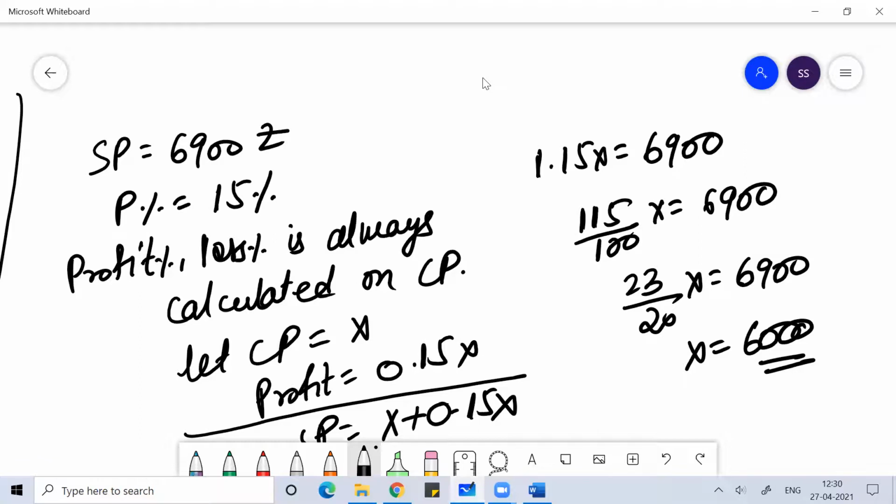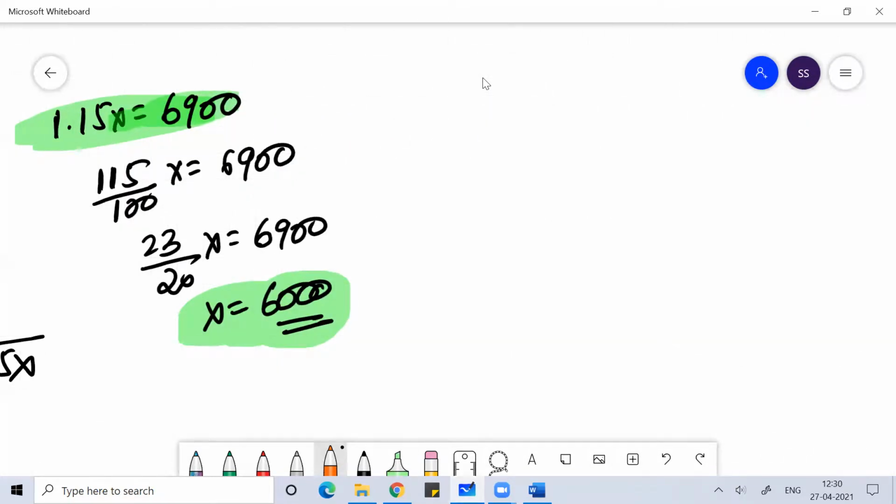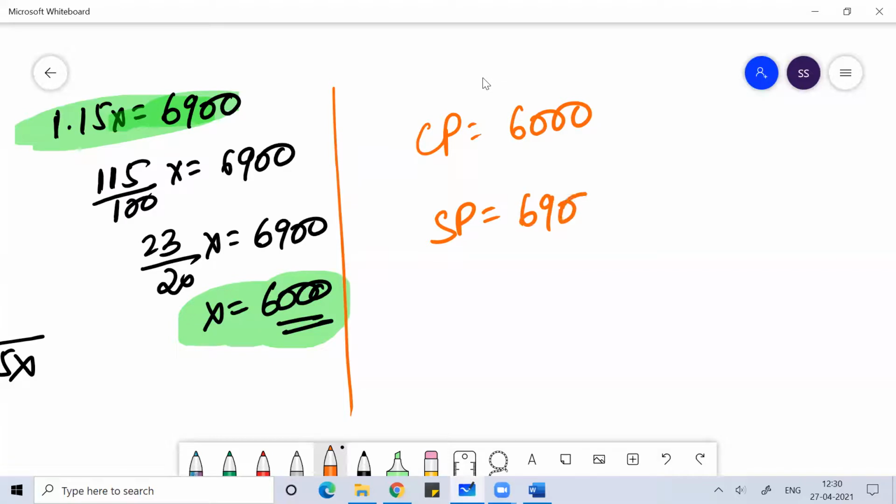You can solve that. Don't get confused or scared, and please do not use a calculator for any kind of calculation. If 1.15x is 6900, you can solve it and find the value of x. So your cost price is 6000 and your selling price is 6900.